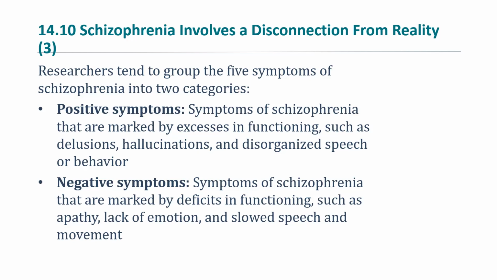People with schizophrenia tend to be less impaired when their symptoms are predominantly positive rather than negative. And at first it may not seem that way. You may think, oh, things like delusions and hallucinations sound more bizarre than apathy or lack of emotion, but we're better at treating the positive symptoms.